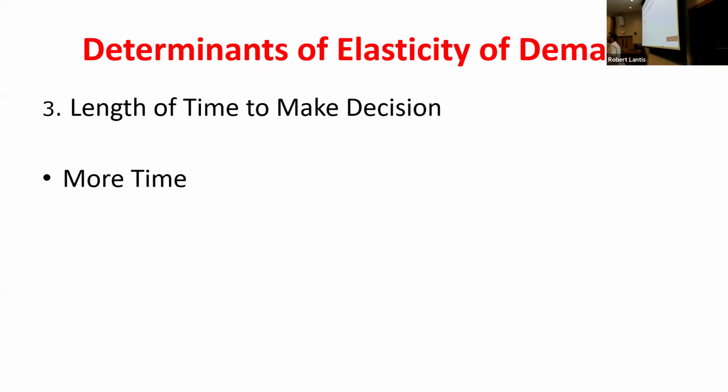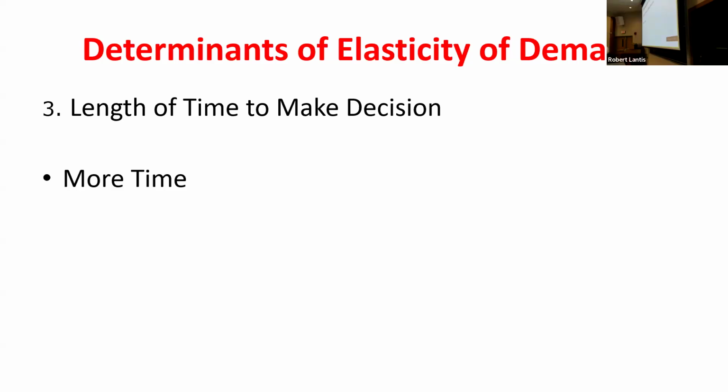If I'm hunting around waiting to buy this, I'm being very responsive to price changes, right? I'm currently not buying anything because I'm waiting it out. I'm trying to find a better deal. Having more time, I can find more substitutes. I can find a lower price from a different airline company. So the more time I have to make a decision, I can be more responsive to the current prices.